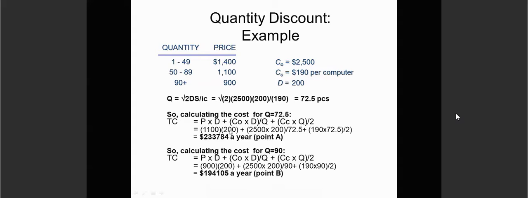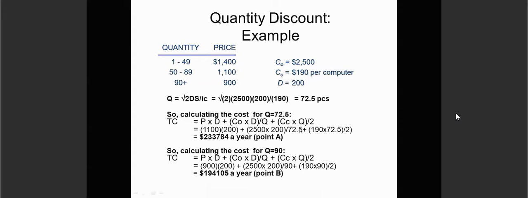The fixed cost is incurred by the company whatever order quantity we buy from our supplier. We need to pay this cost. And for the variable cost, which is the ordering cost and holding cost, this cost changes based on the order quantity.